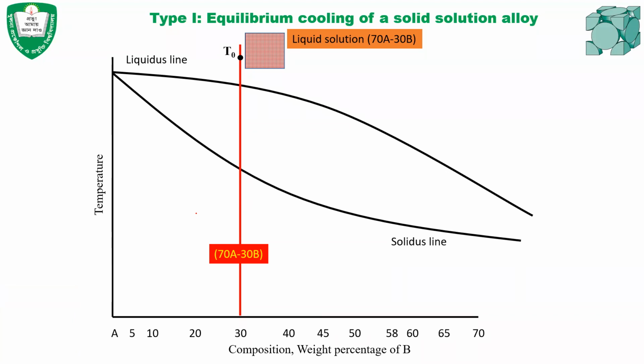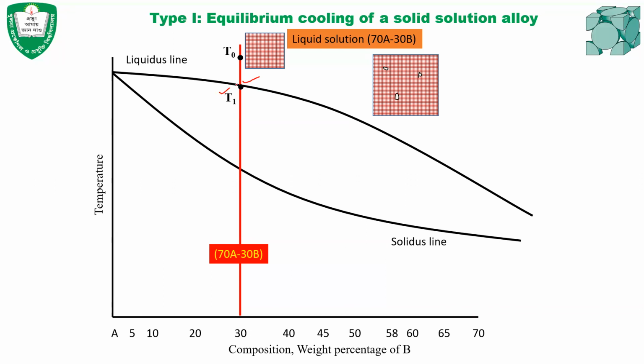So when the temperature drops for this alloy slowly, if you cool the alloy very slowly and the temperature drops just below the liquidus line, indicating this point, that means the temperature is T1.